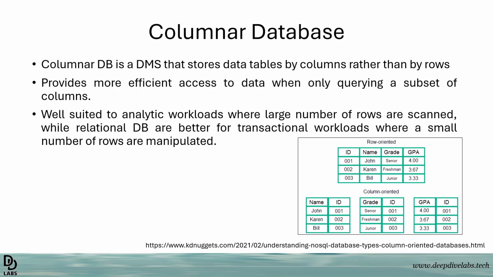Because of the way the data is stored, columnar databases are well suited for analytic workloads where a large number of rows are scanned, whereas a relational database is better for a transactional workload where a smaller number of rows are manipulated. What do we mean by analytic workload?